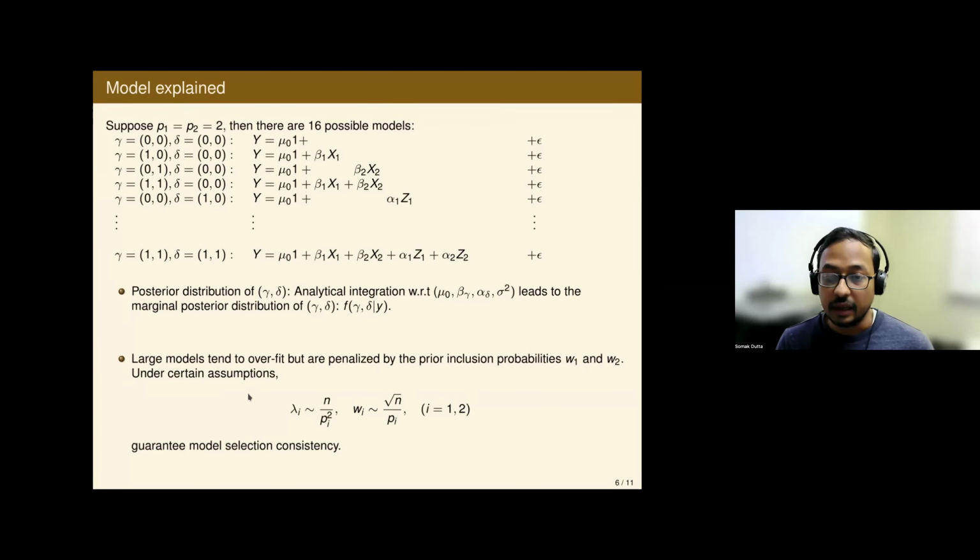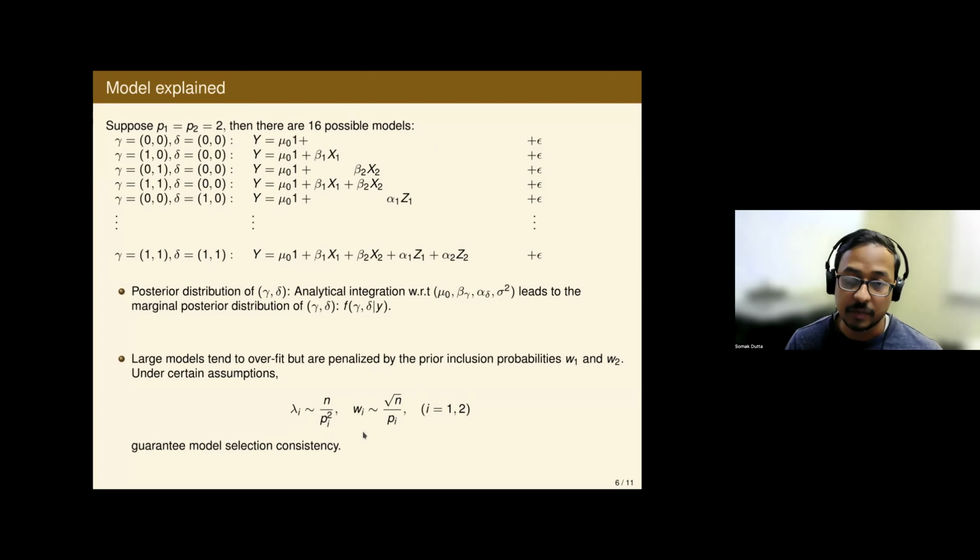The theory that we worked out suggests that under certain assumptions, if you choose lambda 1 and lambda 2, which are called shrinkage parameters, as the sample size divided by the number of SNPs squared or the number of genes squared, and if you choose the prior inclusion probabilities as the square root of sample size divided by the number of SNPs or the number of genes, then they guarantee model selection consistency.